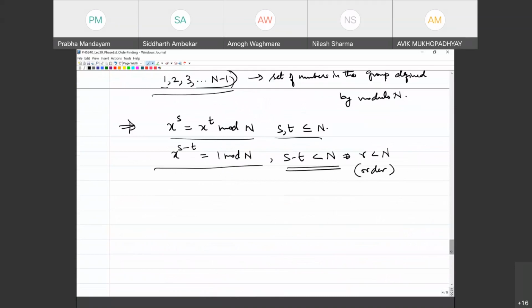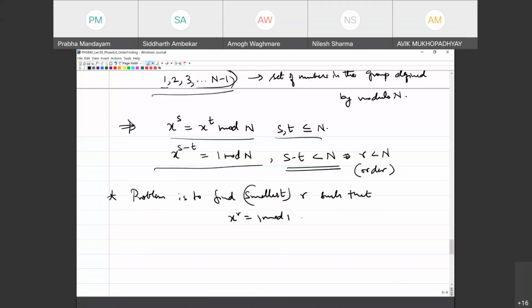So let me note that classically, okay, first of all, what is the kind of resources you would need? So the problem is to find R, the smallest R, of course, such that x to the R is 1 mod n, right?